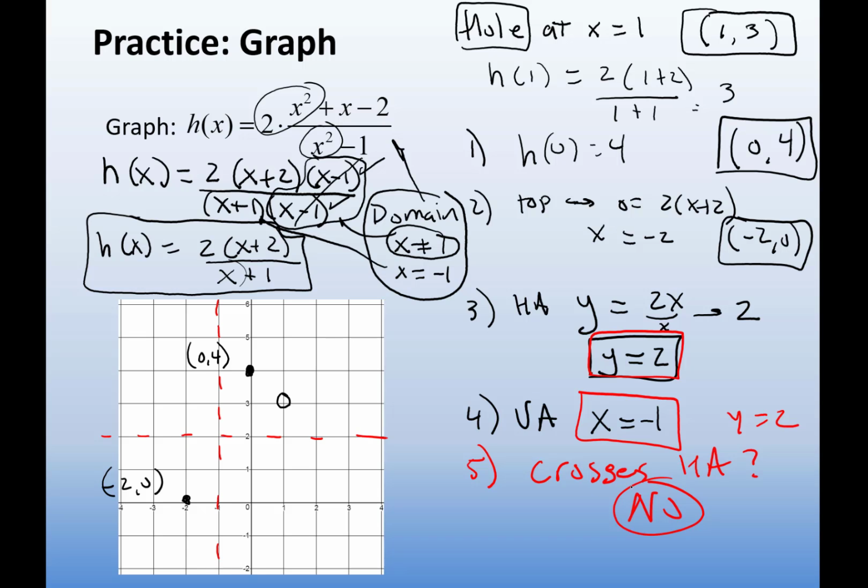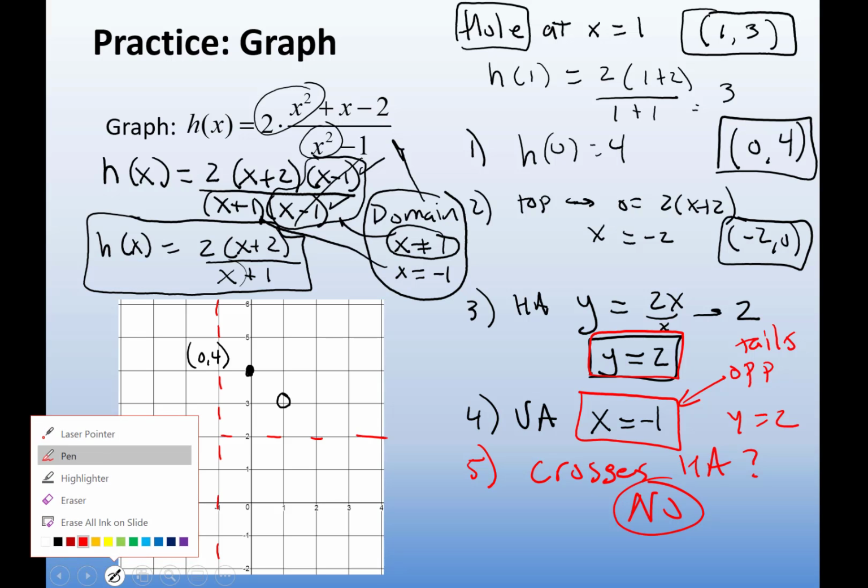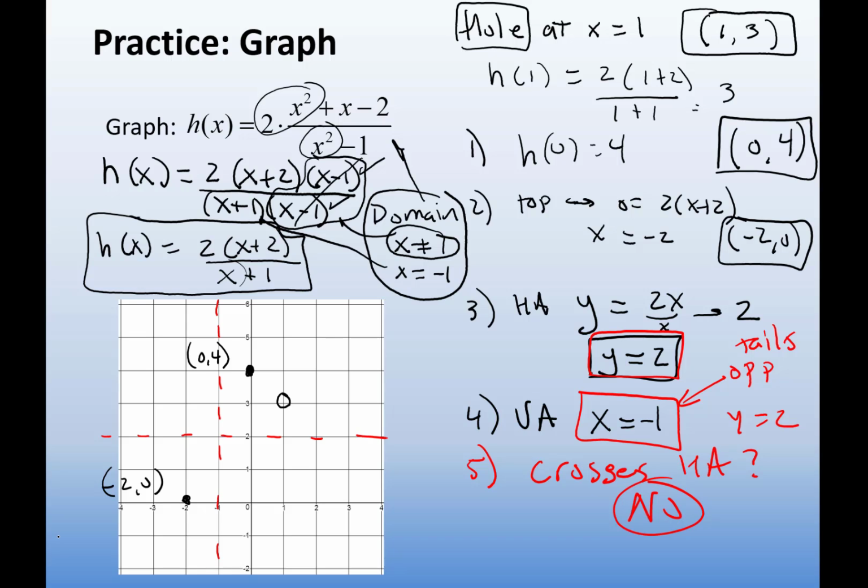Okay, now one last thing. The tails on this asymptote, since the vertical asymptote is degree 1, the tails are opposite. All right. If it doesn't cross and the tails are opposite, I'm pretty much done. Because this intercept has to come up against this, and it doesn't cross. So if it's not crossing the horizontal asymptote, it's going to have to go up. So I got a tail going up.